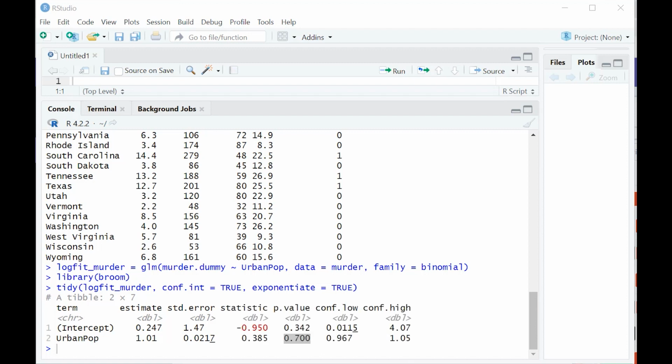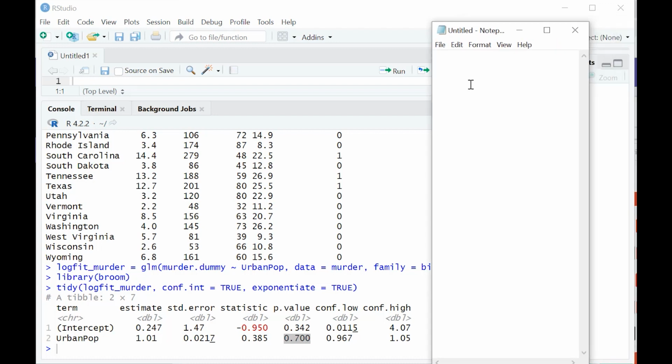Interpreting odds ratios can be a little bit difficult. However, if you keep in mind that your coding can show you which direction you're going in, it can be easy to interpret. Here we said that a high murder state is coded as 1, and a non-high murder state is coded as 0.